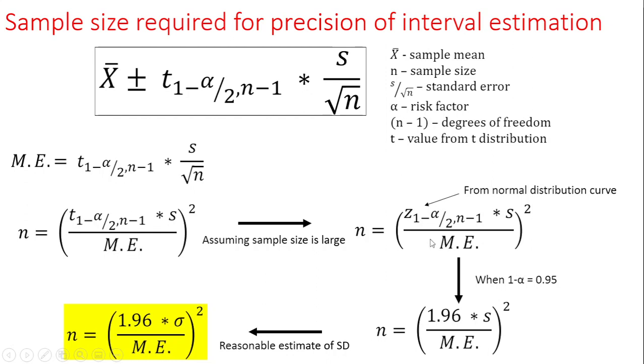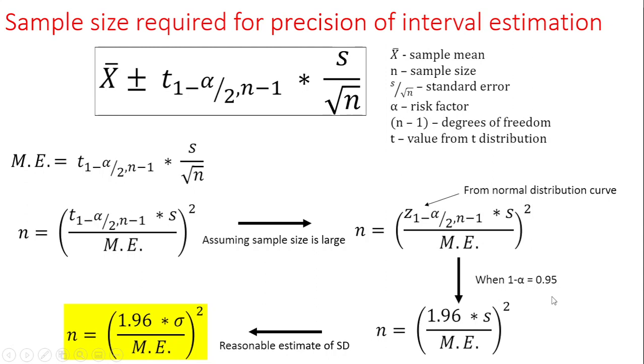Usually the t value is not known unless you know the sample size. So if you assume that your sample size is large, you can replace your t value with the z value, which is the value from the normal distribution curve.